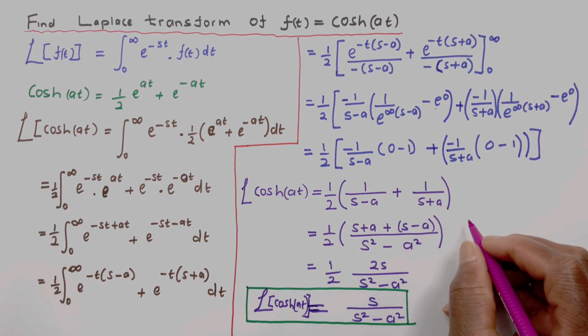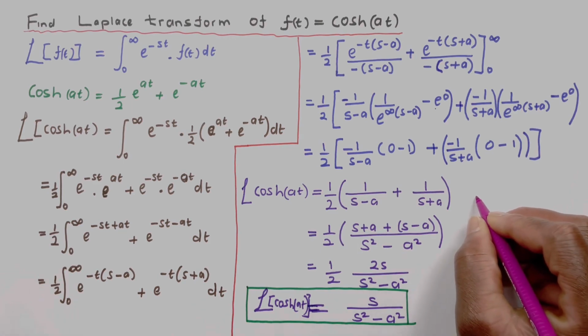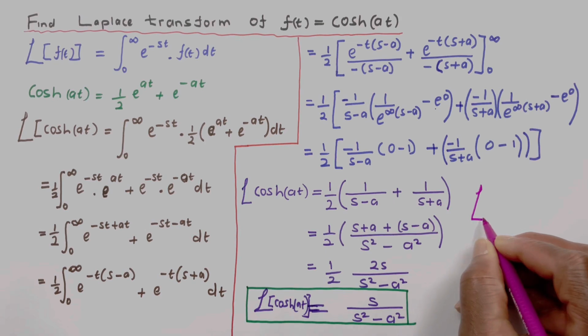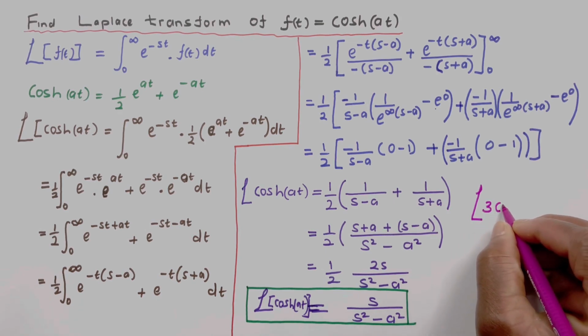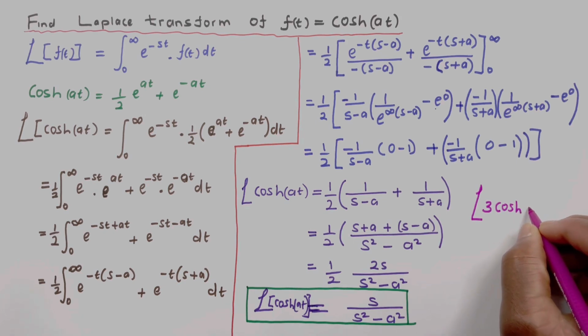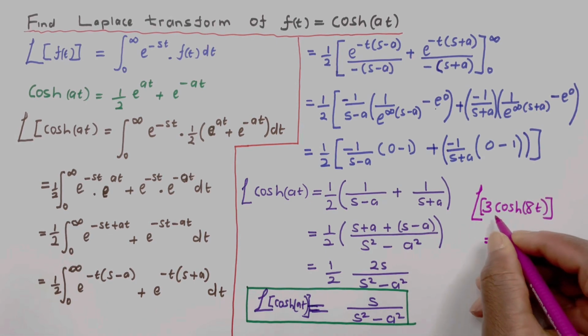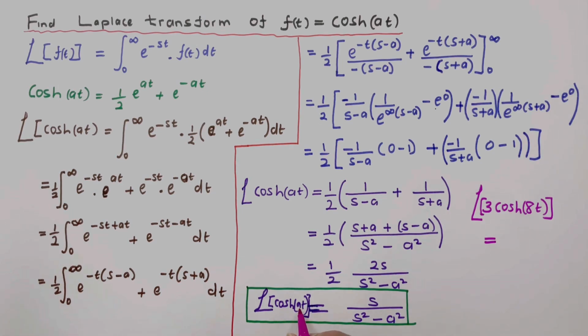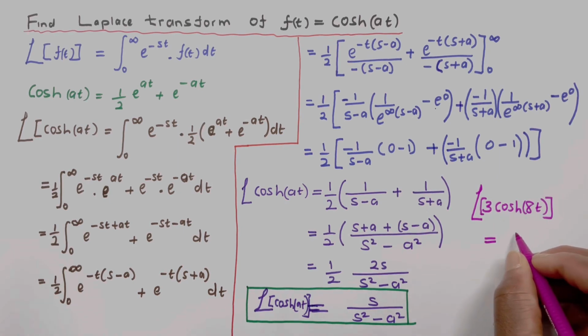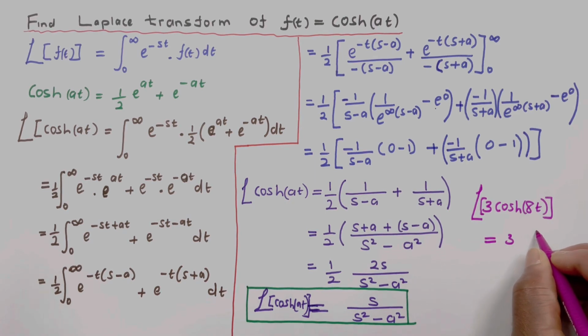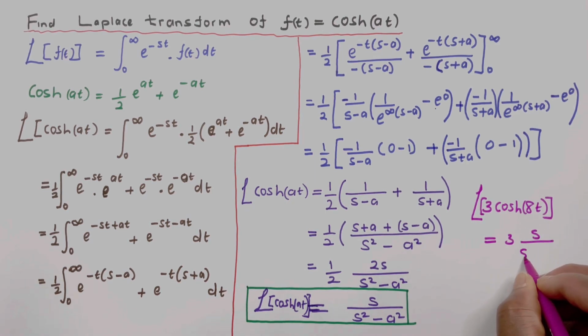Now we could do an example. Laplace of 3 cosh 8t will be equal to, well, 3 is a constant, so bring that out, and a is 8, so we'll go 3, the constant, and then s over s squared minus 8 squared, which is 64.